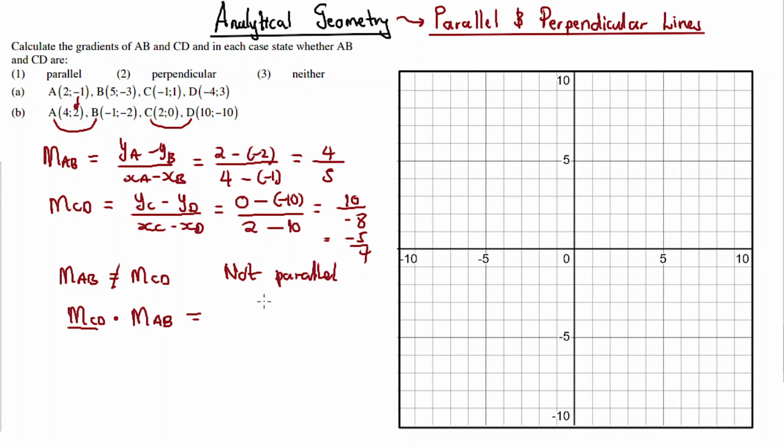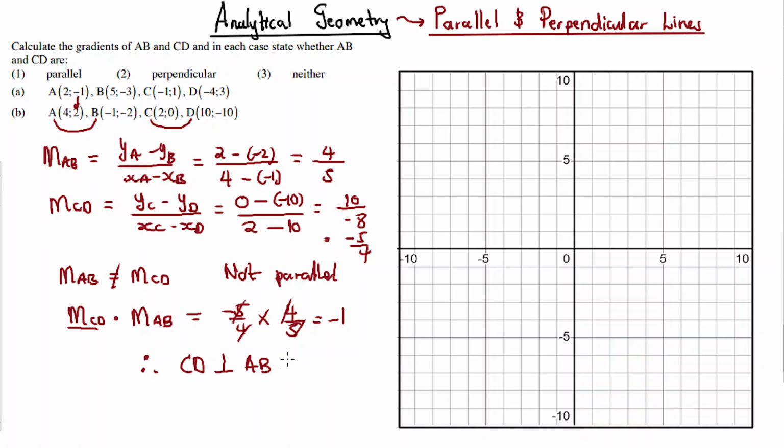The gradient for CD, that's minus 5 over 4, multiplied by the gradient AB, that's 4 over 5. When we multiply this, it gives us a minus 1. So therefore we conclude that CD is perpendicular to AB.